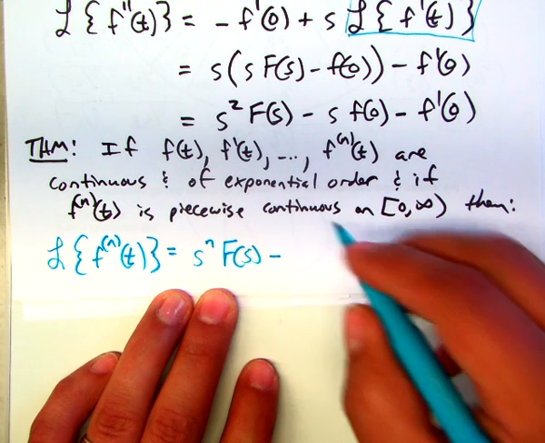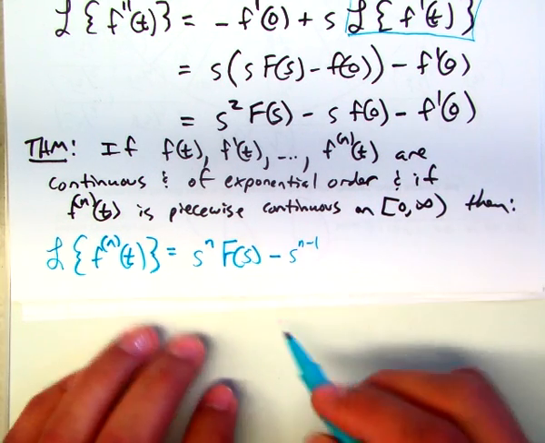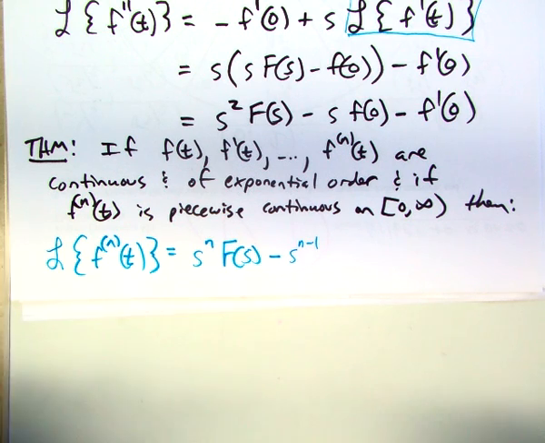So it's s to the n minus 1. So here the exponents for s decrease.